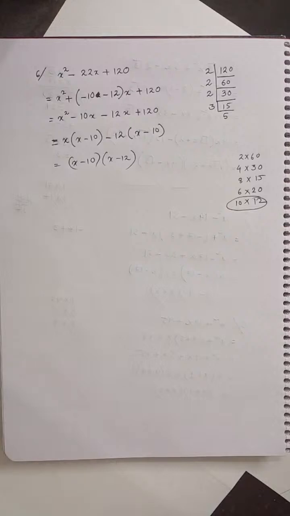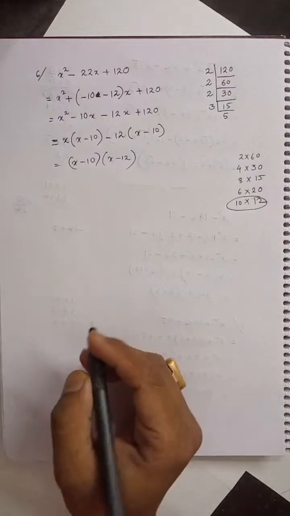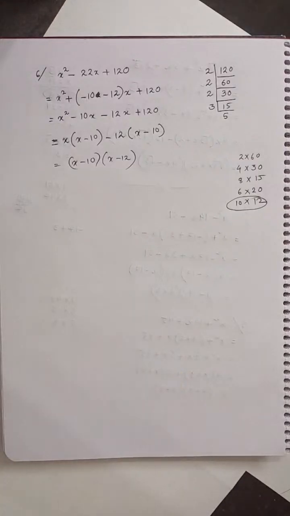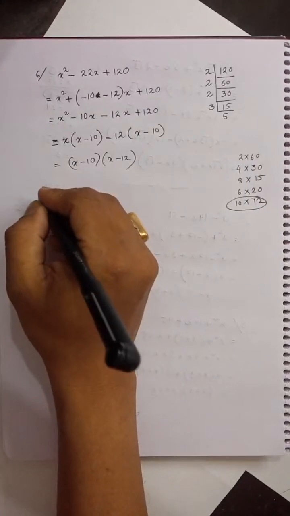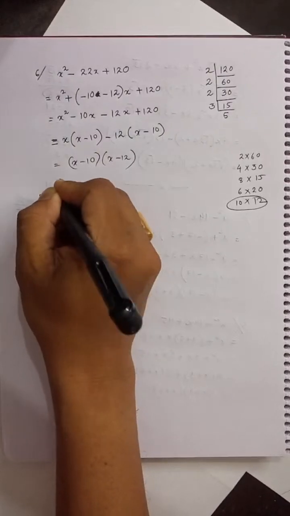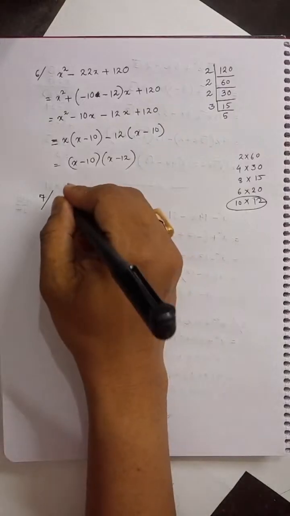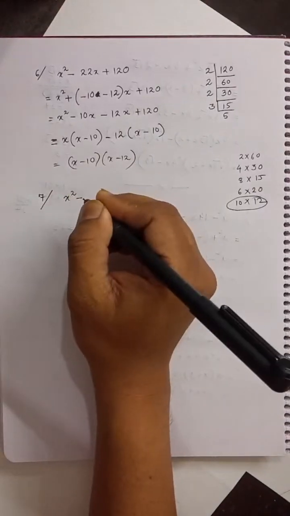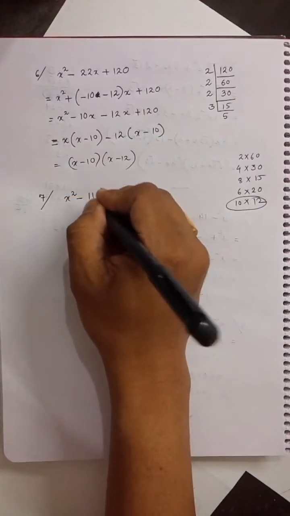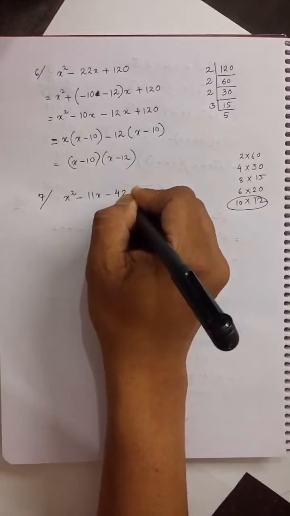Okay, let me check. Oh, it's already 11 minutes past 12. So I didn't realize it was that late. Okay, let's see. X square minus 11x minus 42.